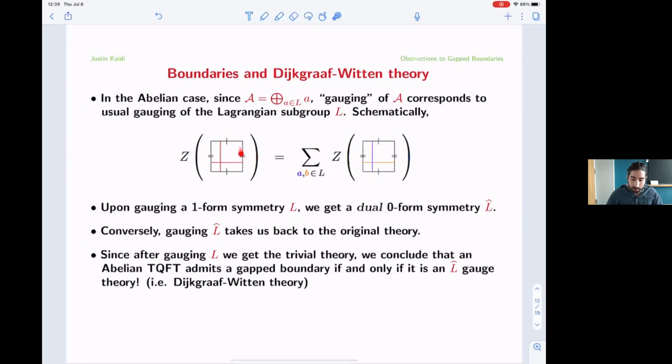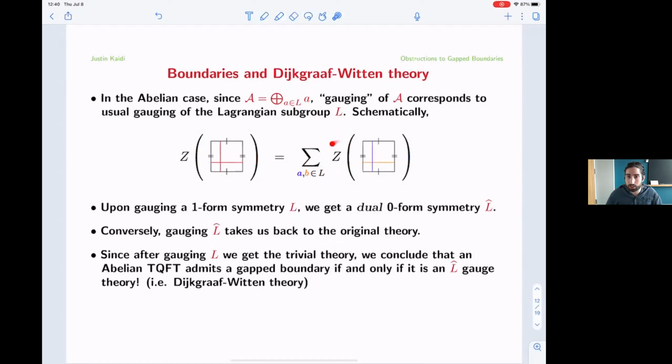The way that we can see this is very schematically as shown here. Let's say that I have my three manifold, which is not actually a torus, but we can use our imagination here. I would put the fine mesh. In particular, I would have one of these fancy A anions on all of the one cycles. And then I just use this to replace this by a sum over all of the elements of L inserted along all the cycles.